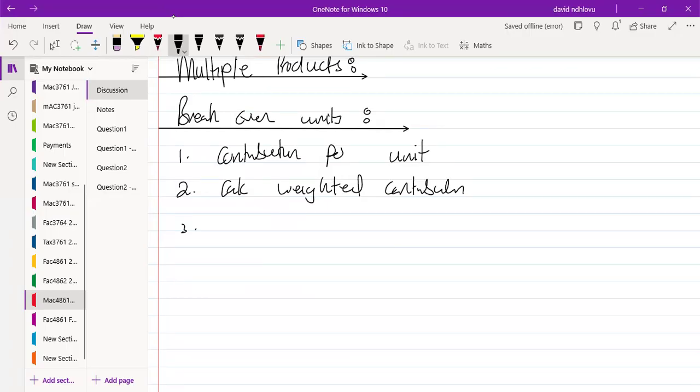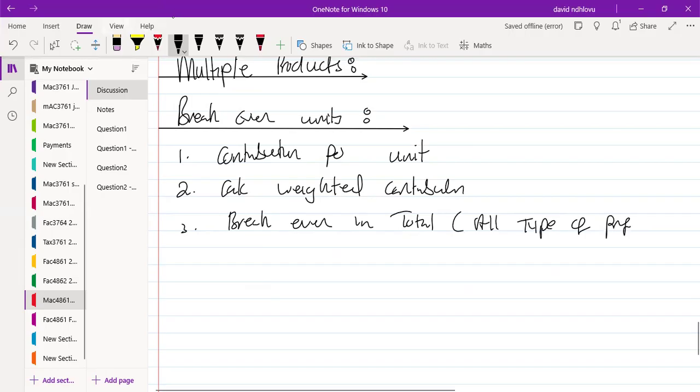Right, then you need to calculate break-even in total units, break-even in total for all types of products. So all your products combined, we are saying what is the total number of units that you need across your different products.